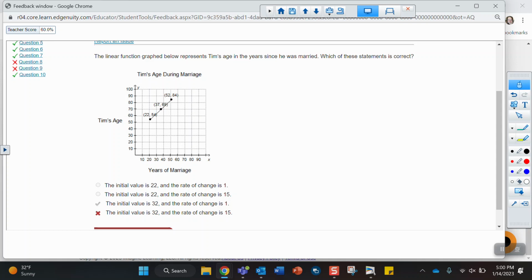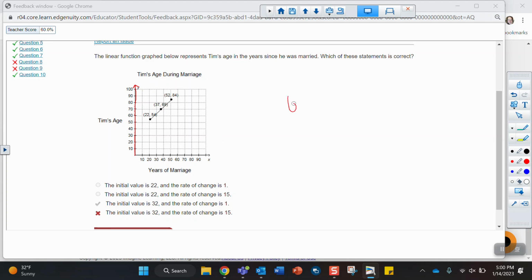Initial value is going to be on this y-axis. Your initial value is always somewhere here on the y-axis. We kind of have to work this line backwards to figure out where it actually started. So it looks like 22 years of marriage, he's 54. 37 years of marriage, he's 69.